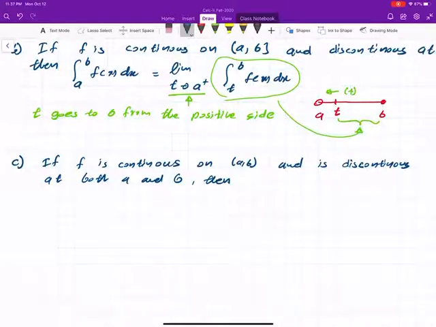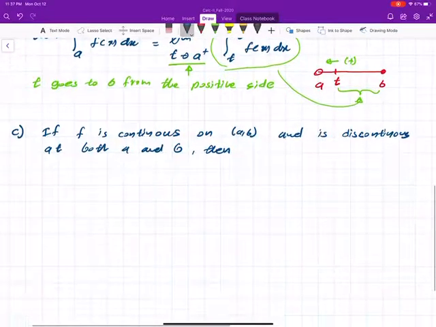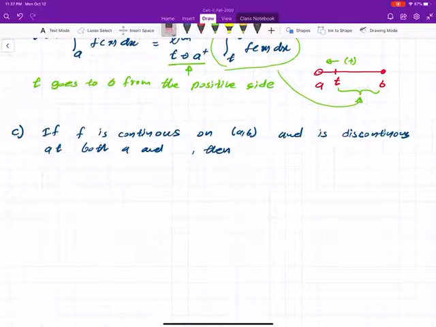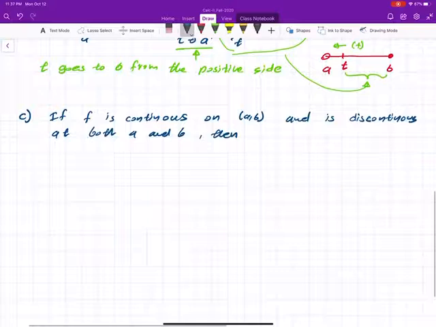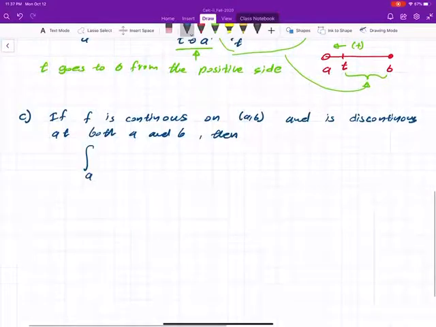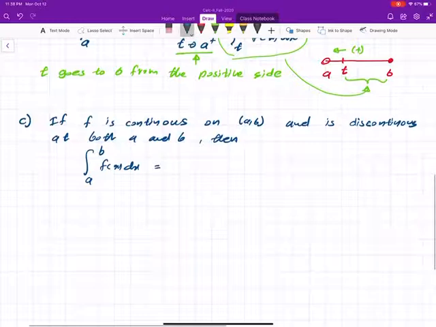Then you write integration from A to B f of x dx. Alright, now it's discontinuous at A and B both.